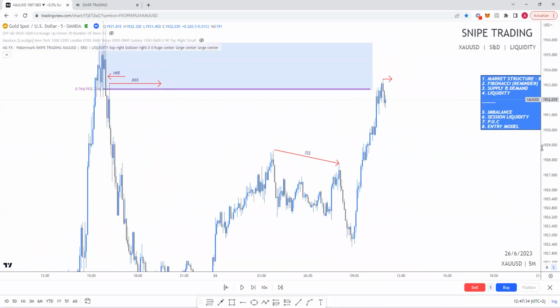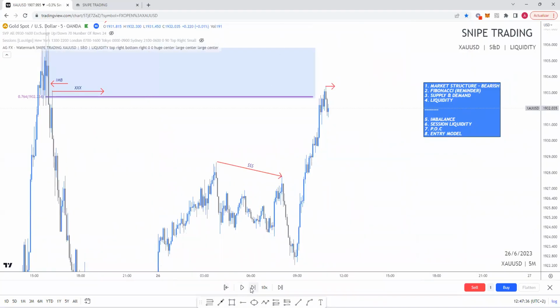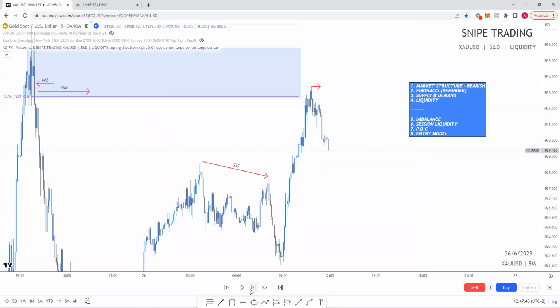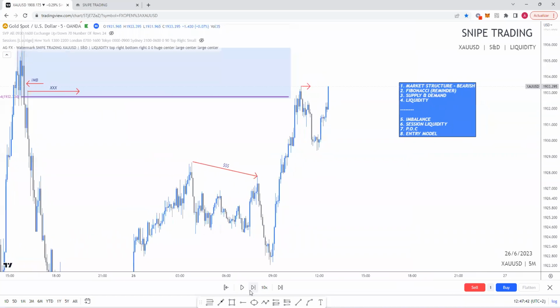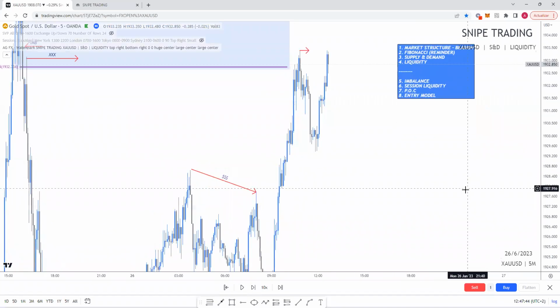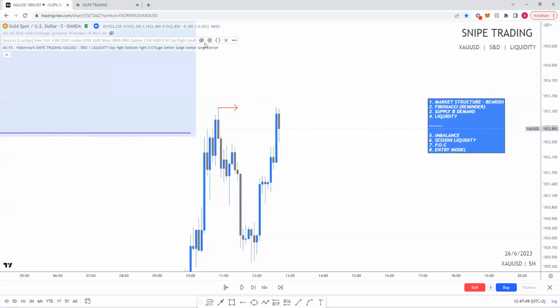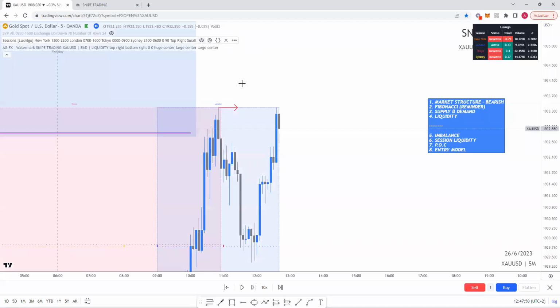So this was the Asian high, and if I'm not mistaken, before price moving to the downside, no, it might not take it out. Okay, yeah. If you look closely, if you really look closely, okay, this was purely London.